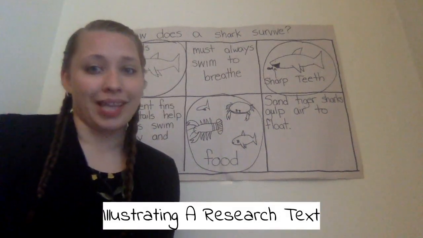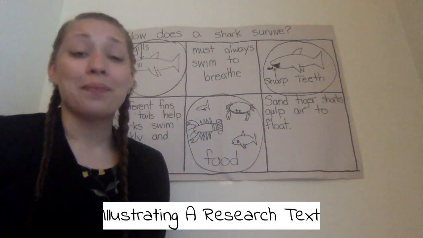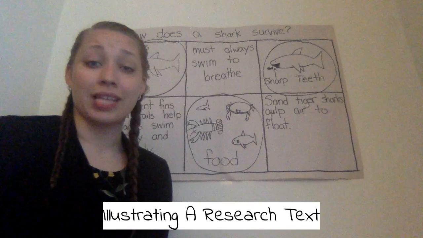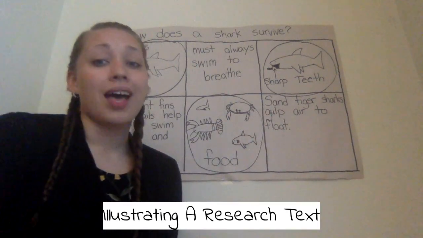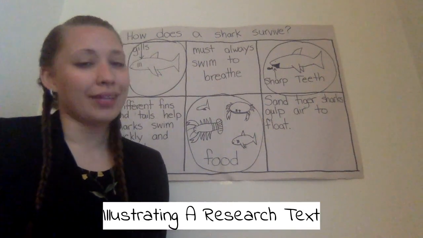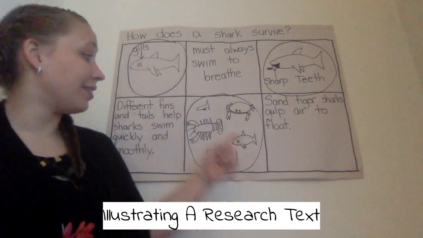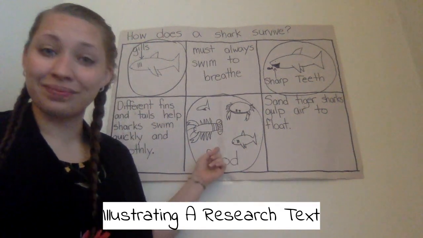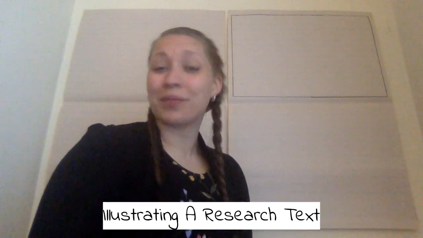I also decided that I'm going to make sure the sharks in my illustration have sharp teeth because I learned that sharks need those to help them catch and eat their prey. I am going to make sure there are fish, crabs, lobsters, and other sharks in my illustration too, because I learned that sharks need those to eat them as their food. Now that I planned what my illustration will look like, I'm going to get to work.